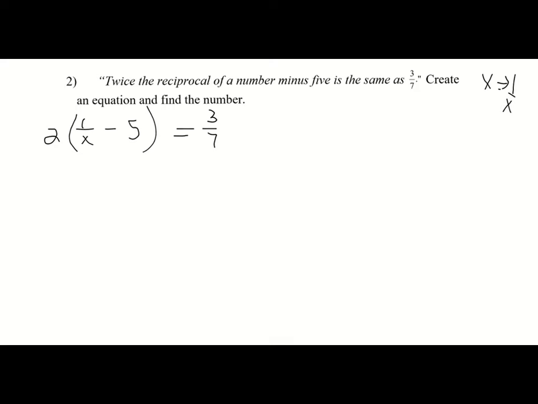So we are going to clear our equation of fractions. First, I am going to distribute that 2. That will give me 2 over x minus 10 is equal to 3/7. And then my common denominator here will be, we have x and 7, so 7x.